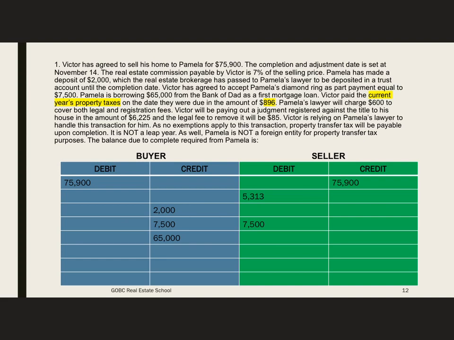So we would need to calculate Pamela's portion, and the reason we do that is because the completion adjustment date is going to be November 14th. So she's going to be in the property for a tiny little amount of time. We would calculate her portion, debit her that amount, and then credit that to Victor, to the seller.